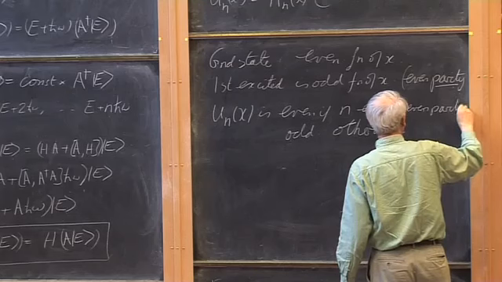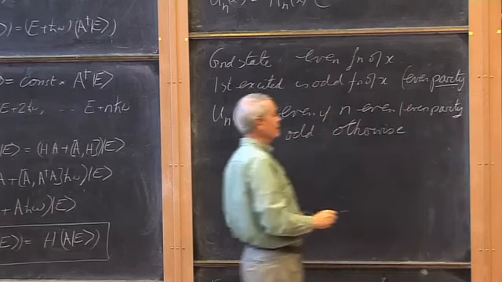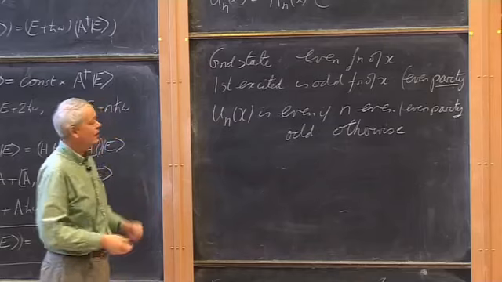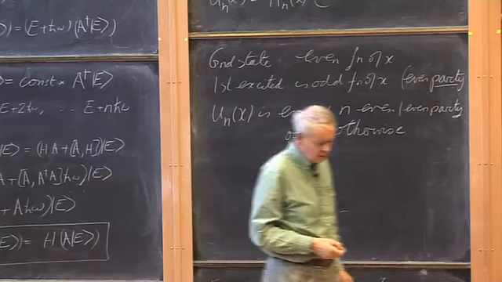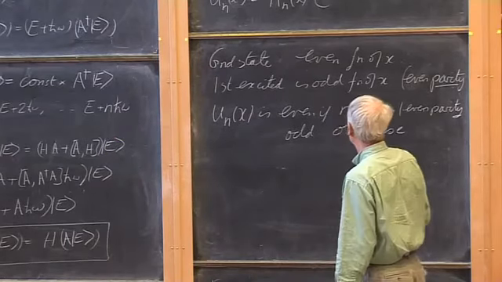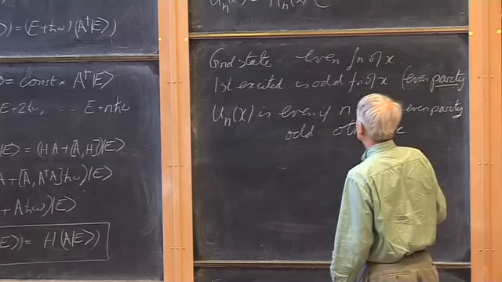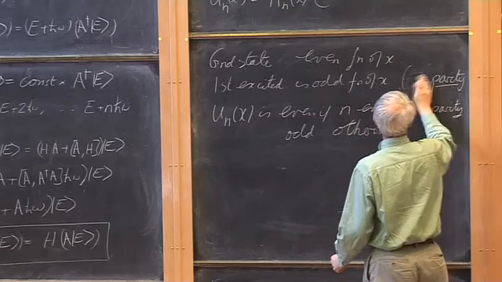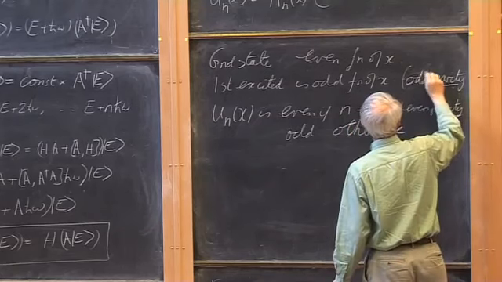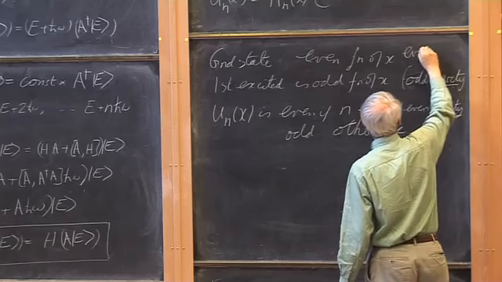We'll have more to say about parity in a general context later on when we're covering the material in chapter 4. Sorry, are they both even parity? First, this one is odd. Excuse me. I was not sure which line I was on. This one is even. The ground state is even.